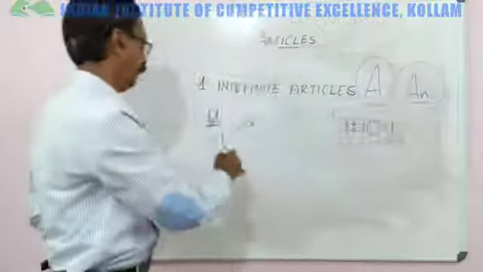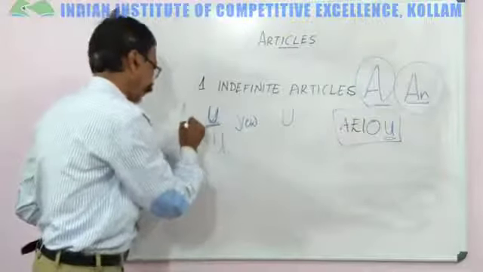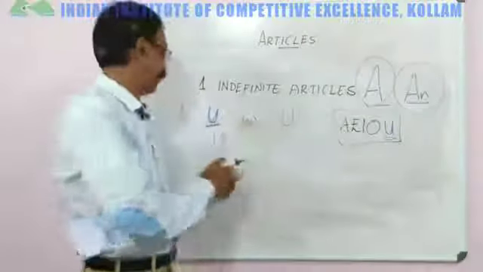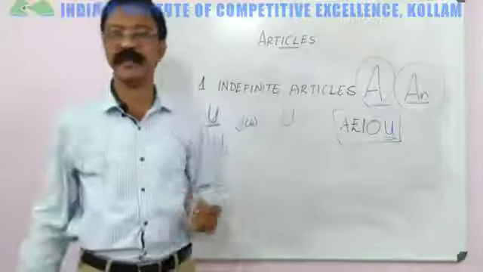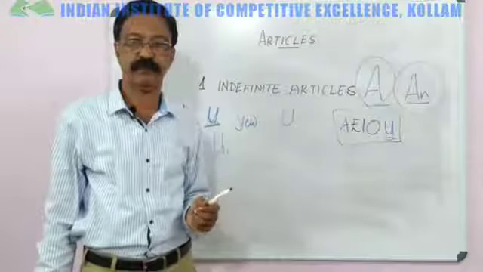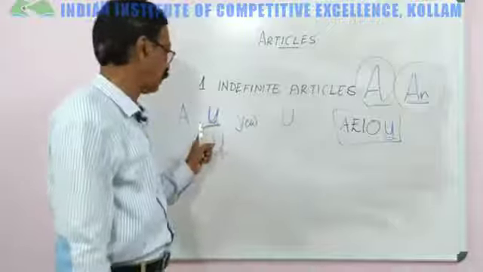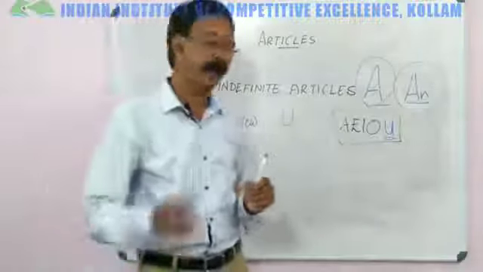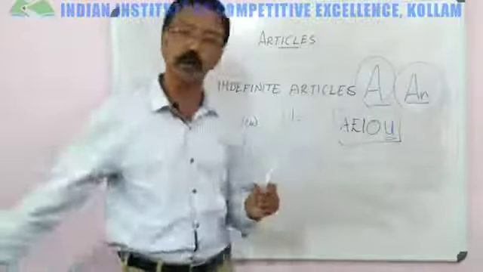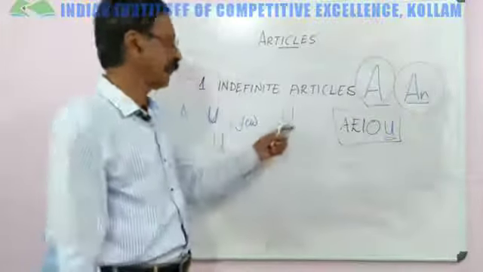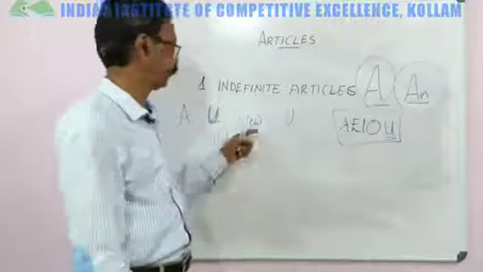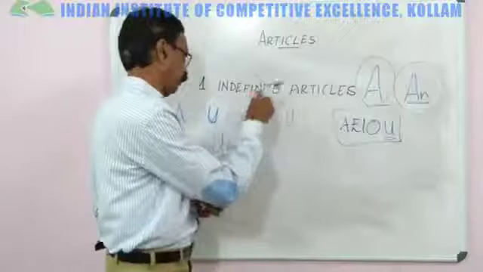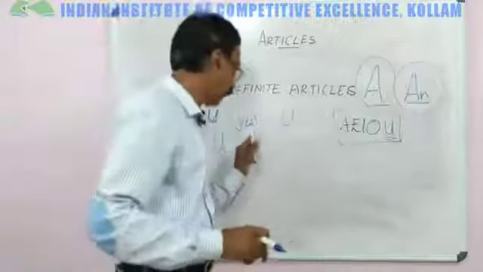Here, a is the indefinite article that should be used: a university, a university. This is a confusing word. Like that, it is not an uniform, it is a uniform. This is not a vowel sound.